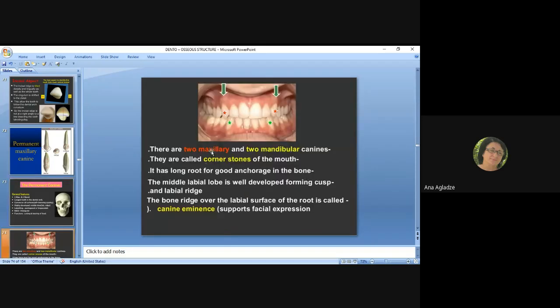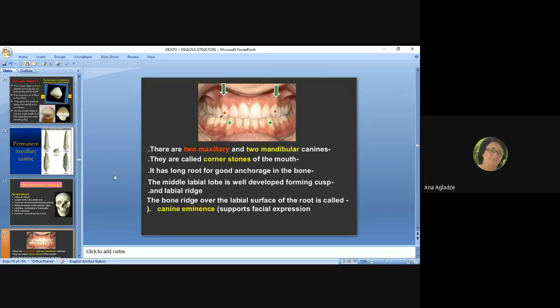And here you can see these are maxillary canines, and these are mandibular canines, two maxillary and two mandibular canines. They have very long root for good anchoring in the bone. You know that there is the canine eminence which overlaps this canine root.